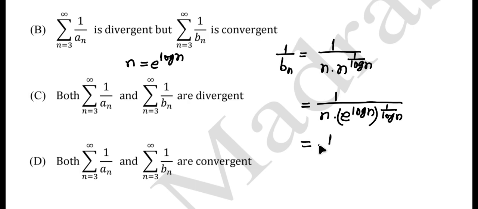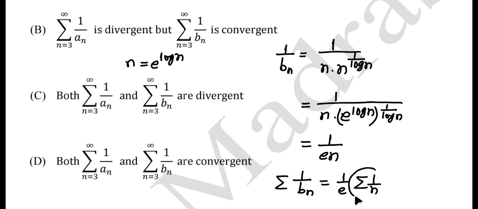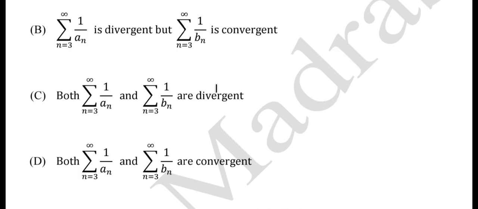Now if we take the summation sign, I take here the summation. I have not taken the summation sign in the first one, I just spoke the same thing. And this is a divergent series, so by comparison test this series is divergent. So the first one is convergent, and the second one is divergent, option A.